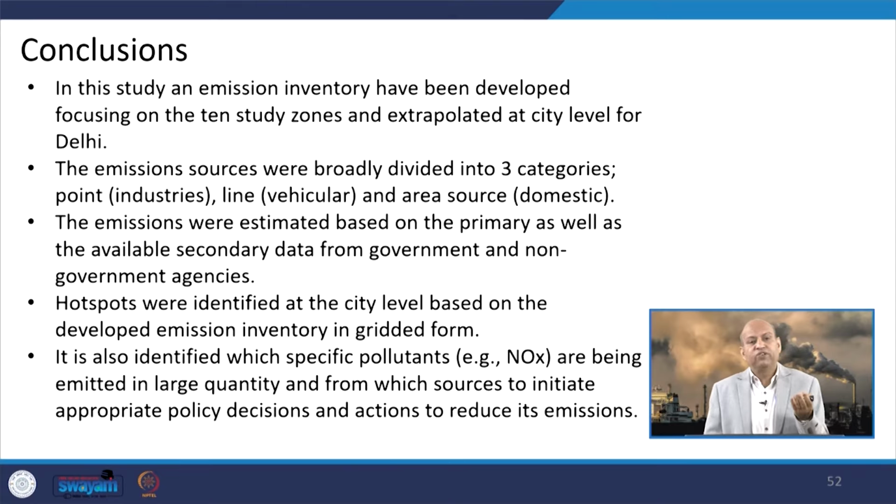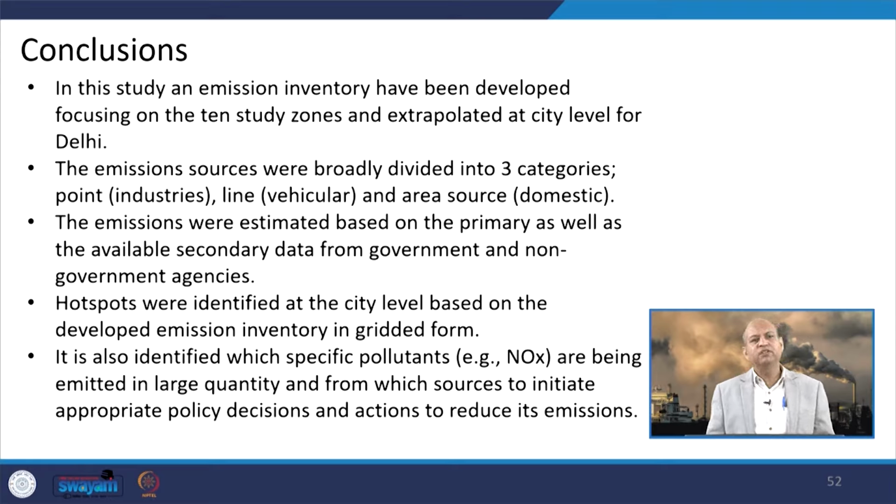It is also identified that specific pollutants like NOx are emitted in large quantity from different sources, and we can target those sources to reduce emissions of NOx, CO and hydrocarbons, so that we do not fall into the problem of ozone production, because ozone is a very hazardous pollutant in the troposphere, although it is good in the stratosphere, as you know. Those kinds of insights can be developed from these inventories.